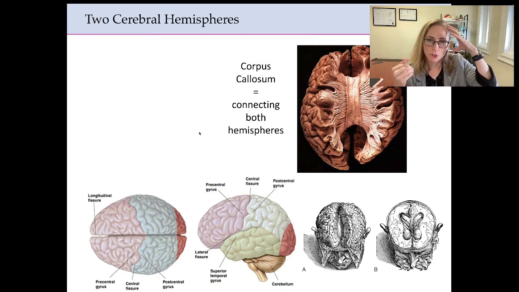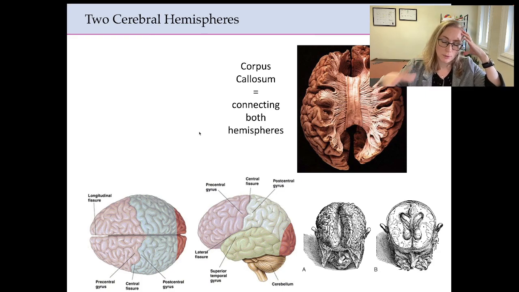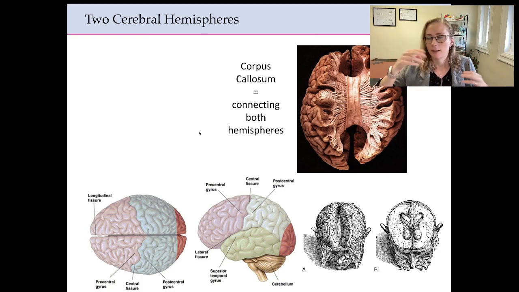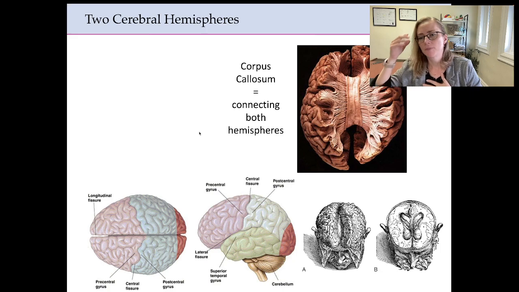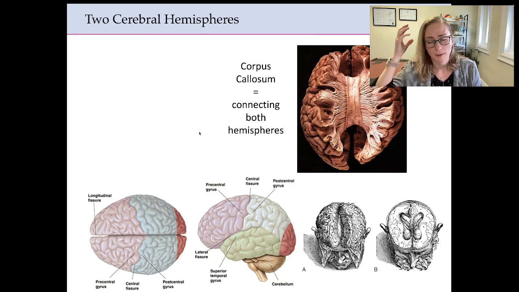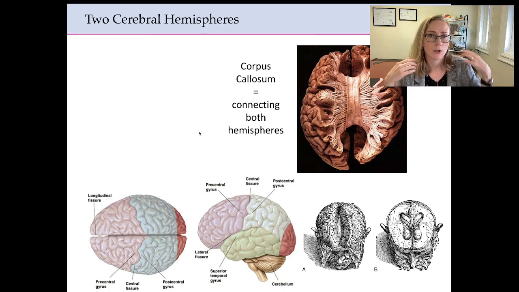So any motor function for my left brain is controlling the right side of my body, and excuse me, the right hemisphere is controlling all of the left motor action in the left side of my body. Same with sensory information, whether it's coming in through the eyes, ears, taste, smell. Actually, not smell, that is the one exception. All sensory information, including touch, goes contralateral to where it came in.